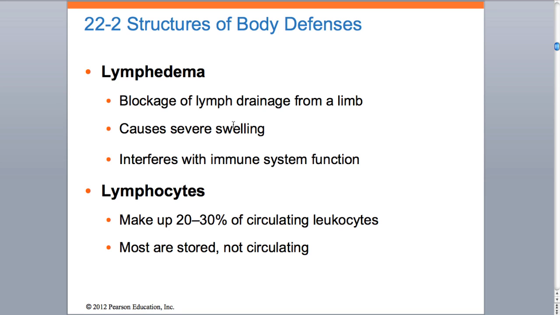Then the bottom says lymphocytes. Now you learned this already in your chapter 18 on the blood, or 19 on the blood. They make up 20 to 30% of circulating leukocytes, right? And what kind are lymphocytes? Lymphocytes are agranulocytes. Remember that from before. Okay, so the lymphocytes. And we have two types, B lymphocytes, T lymphocytes.